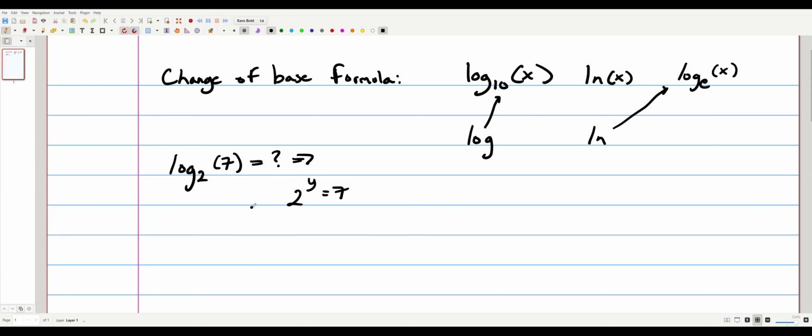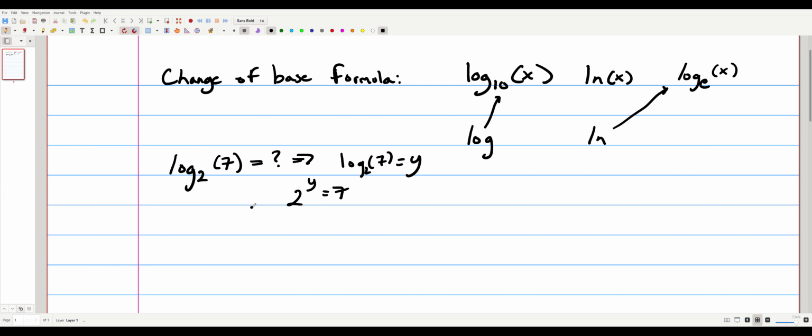We take the base, raise it to the answer, and it's equal to the argument. But this isn't a nice one because 2 and 7 are relatively prime. We can't change 7 into having the same base as 2.